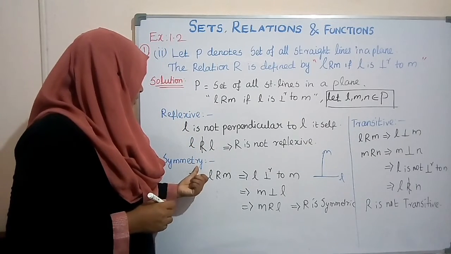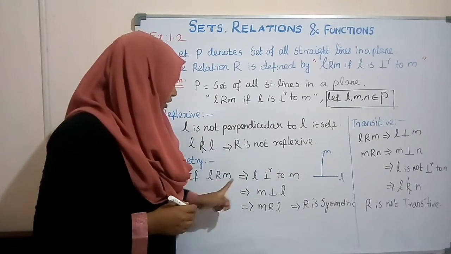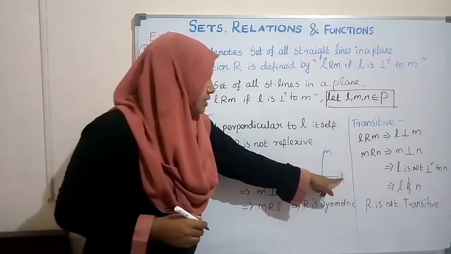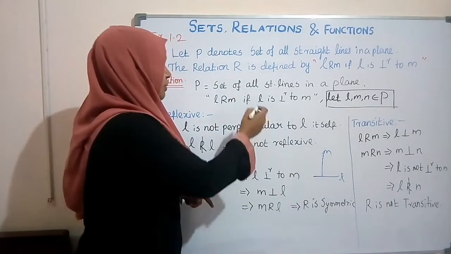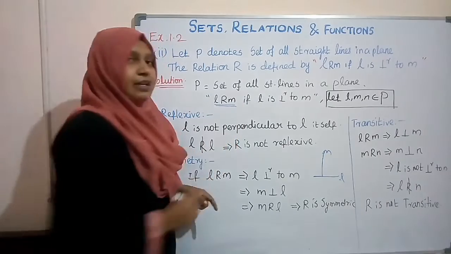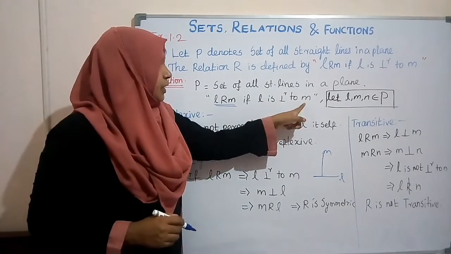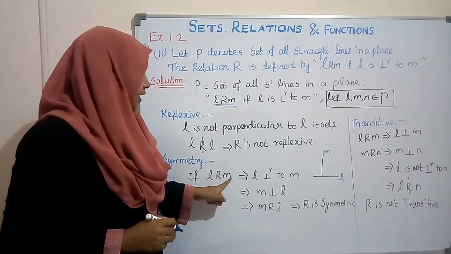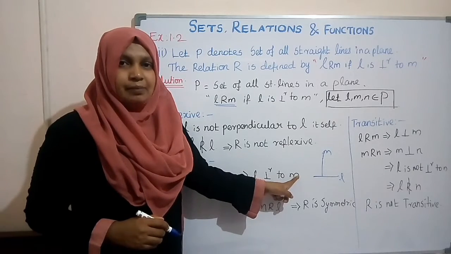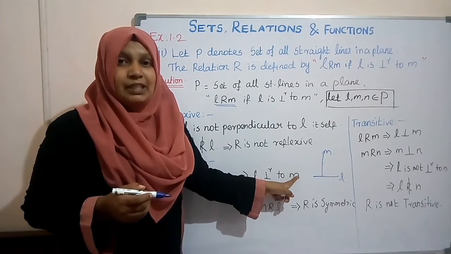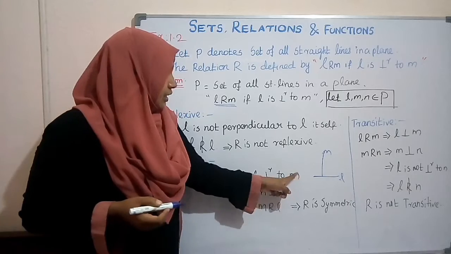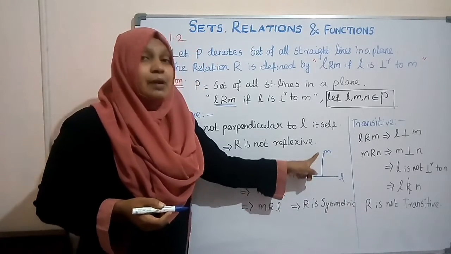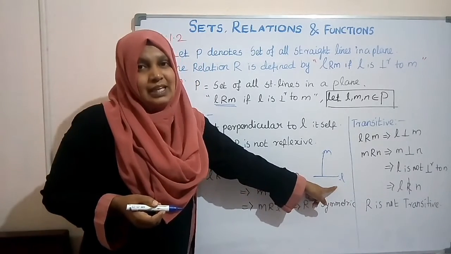The next one is symmetry. l relates m means l is perpendicular to m, as given in the question. I have written l relates m means l perpendicular to m. Then what is the symmetric property? l is related to m means m should also be related to l.